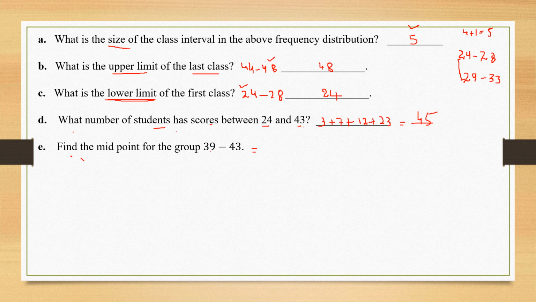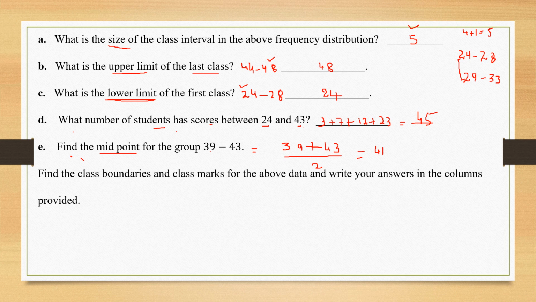Now the last one is to find the midpoint of the group 39 to 43. And dear student, at the beginning I told you that midpoint and class mark are both the same. To find the midpoint we add both the numbers, 39 plus 43, and then divide by 2. So the answer will become 41.